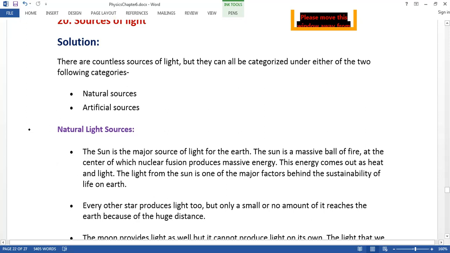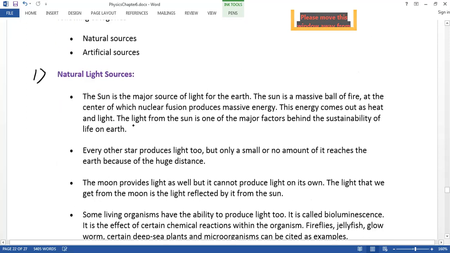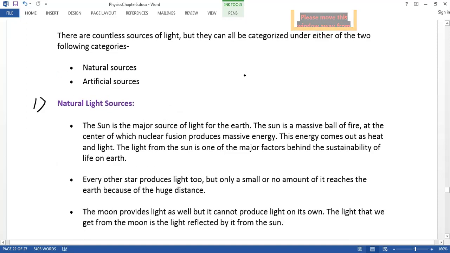First, we will read about natural sources of light. Here we can say the sun is the natural source of light for earth as well as other planets. Okay, so we'll draw the diagram of the sun.